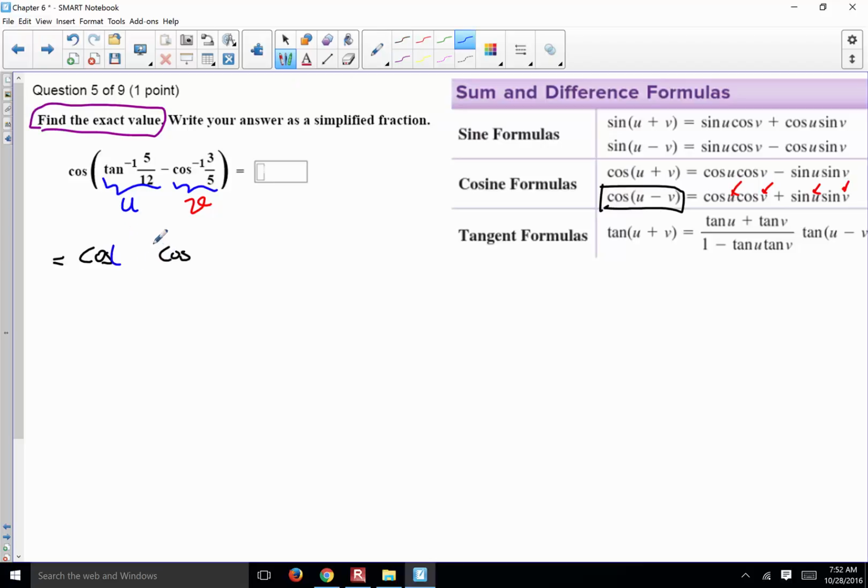So I have cos of this thing from the top, that's tan inverse 5/12, and I have cos of the second, which is cos inverse 3/5, plus, I observe plus here, sine of something, sine of another thing, which are tan inverse 5/12 and cos inverse 3/5.